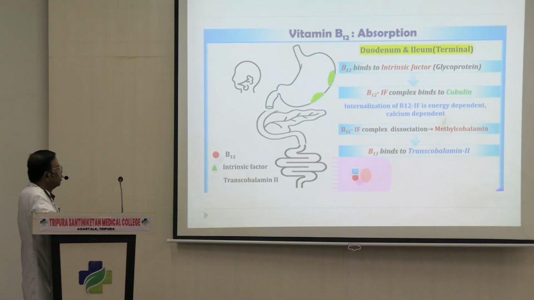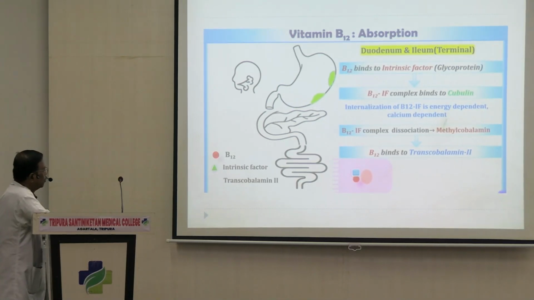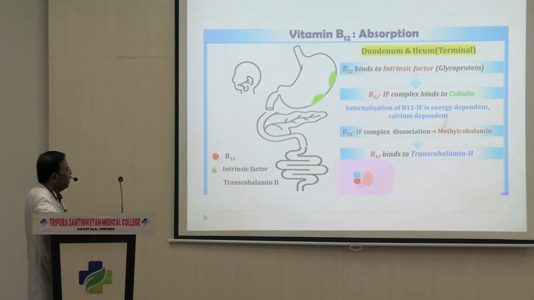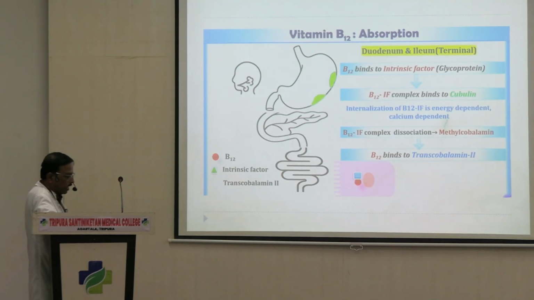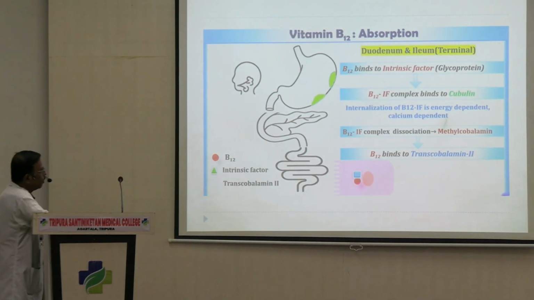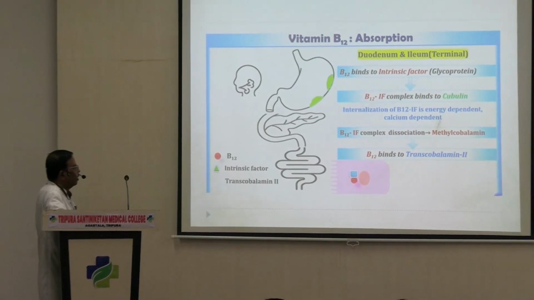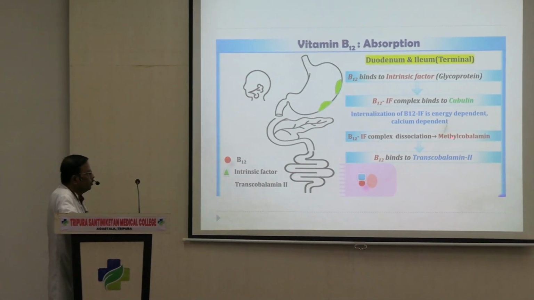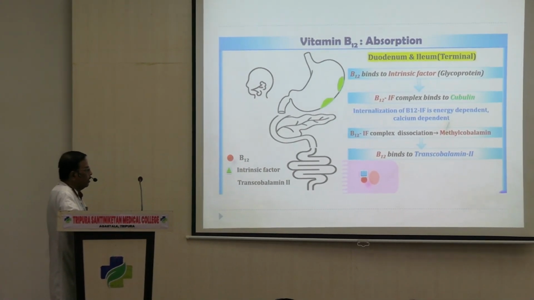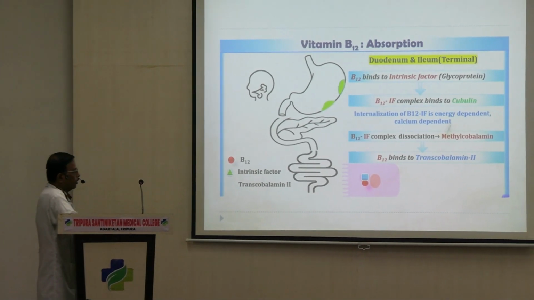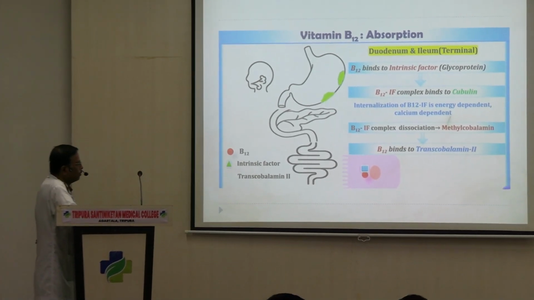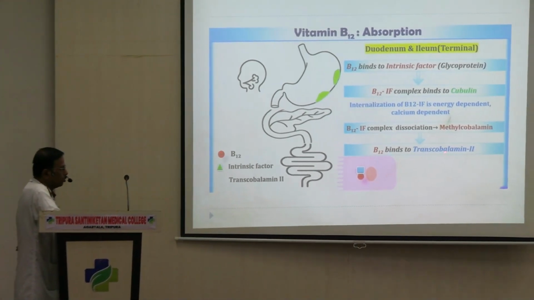Now, when vitamin B12 is absorbed into the cell, inside the cell it gets dissociated from the intrinsic factor and is converted into methylcobalamin. There it binds with transcobalamin.